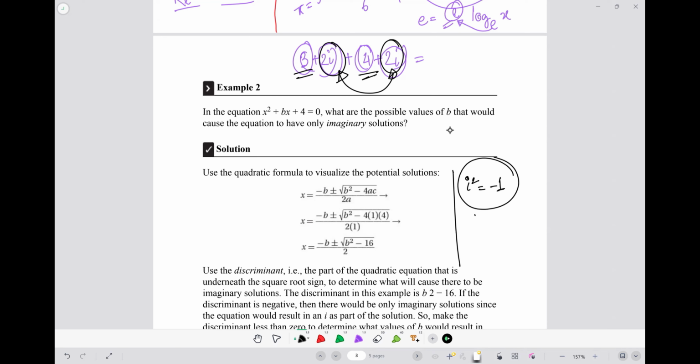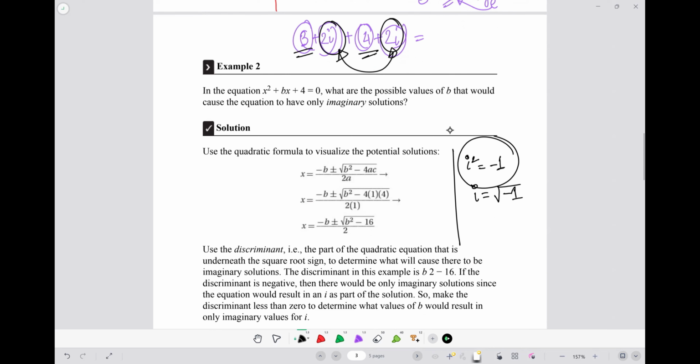Why is this happening? What is the interpretation of squaring? What is the meaning of the square? Doing some squaring means that you're just multiplying the same number 2 times.